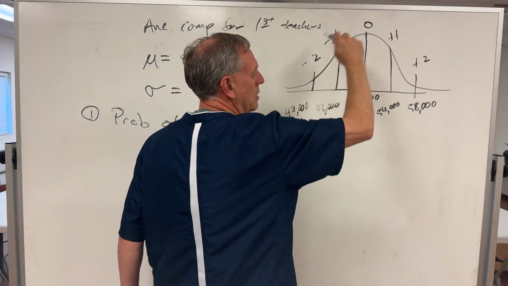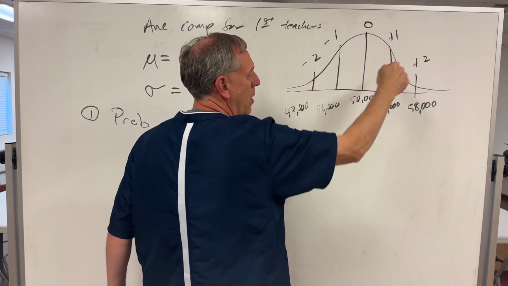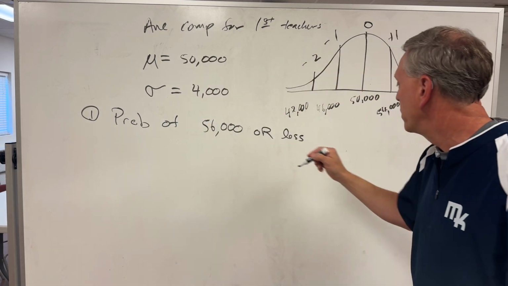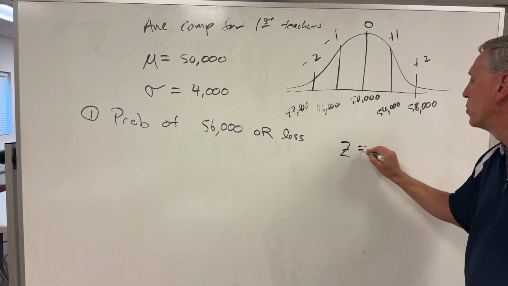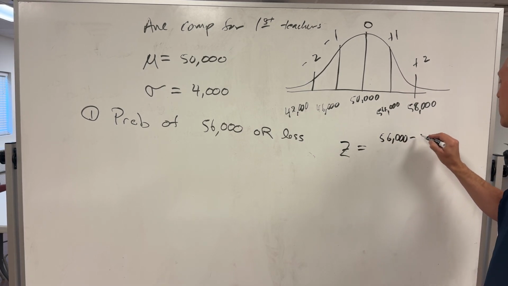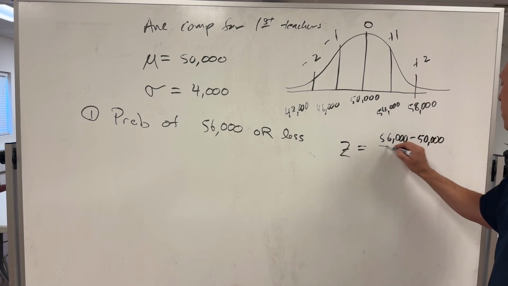These are standard deviations above and below the mean. So z is equal to 56,000 minus the mean, 50,000, divided by the standard deviation, which in this case is 4,000.